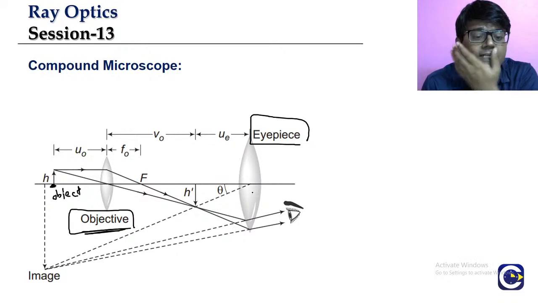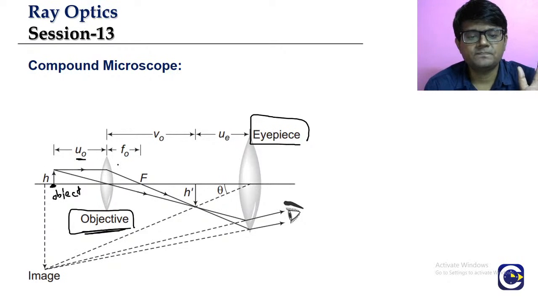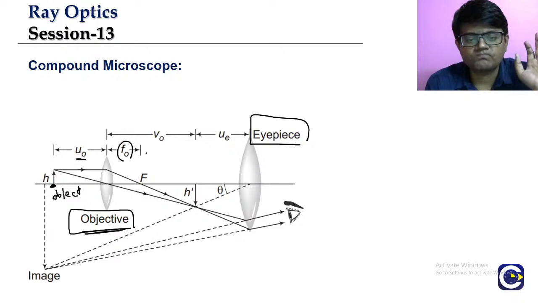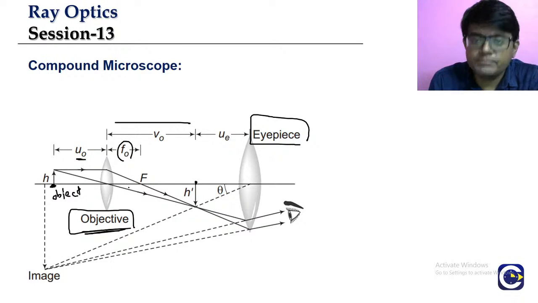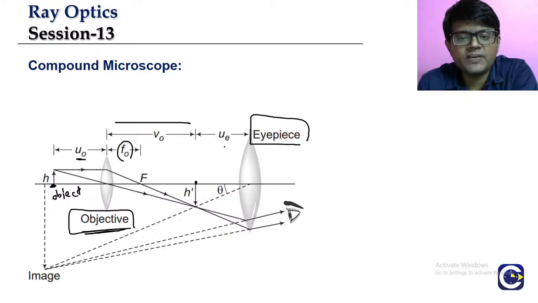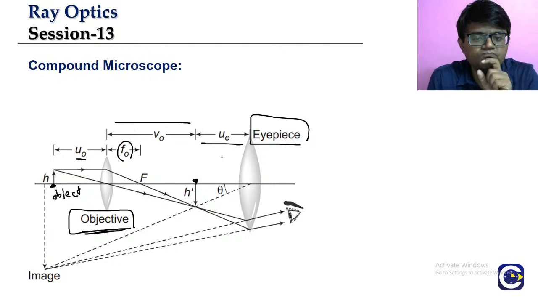So here look at this situation. We are keeping the object at a distance UO from the objective. Objective focal length we are taking as FO, and its image is formed at VO. The image formed by the objective is going to act as the object for the eyepiece. Here you can see the distance from the eyepiece, we are calling it UE.